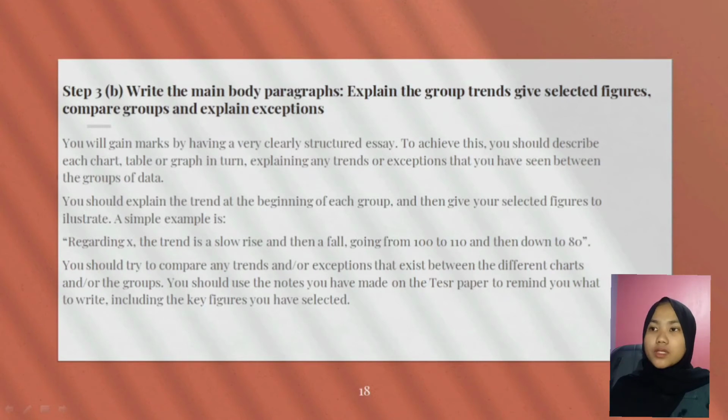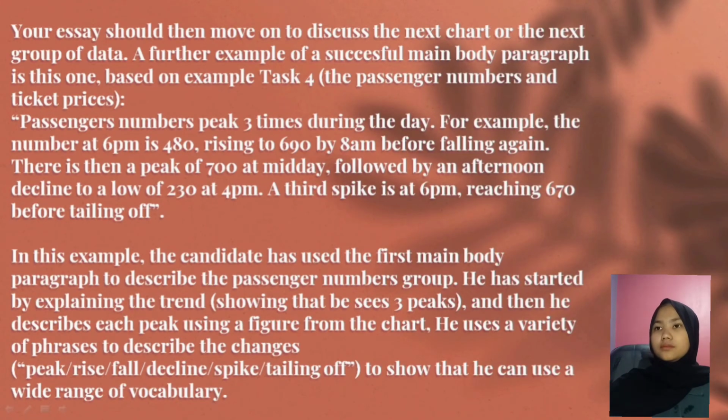You should use the notes you have made in the test paper to remind you what to write, including the key figures you have selected. Your essay should then move on to discuss the next chart or the next group of data. A further example of a successful main body paragraph is this one, based on example text for the passenger number and ticket price.